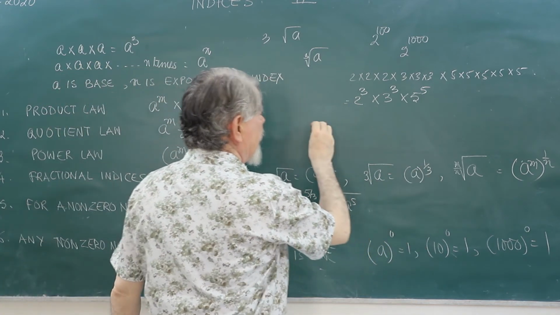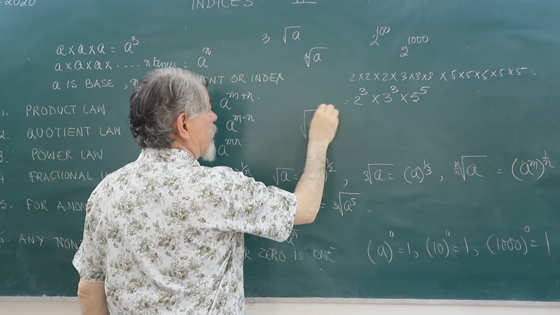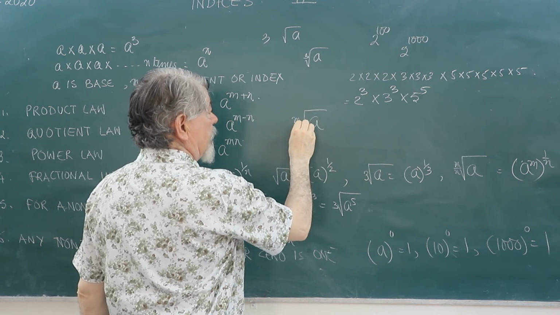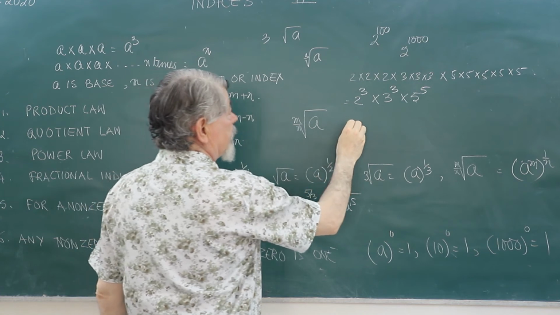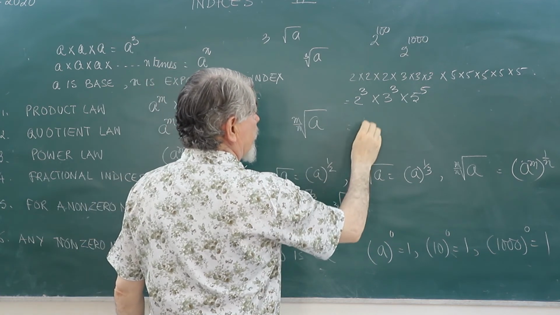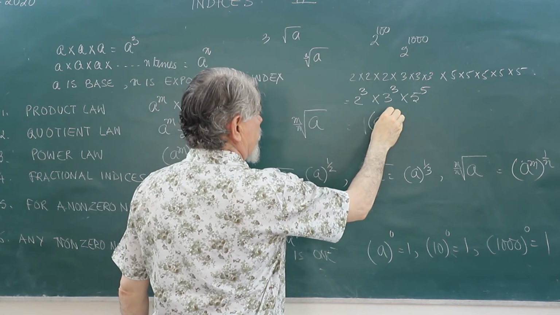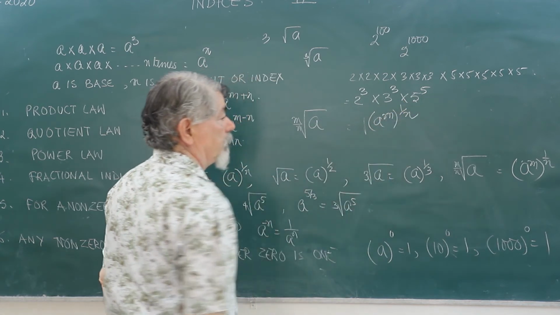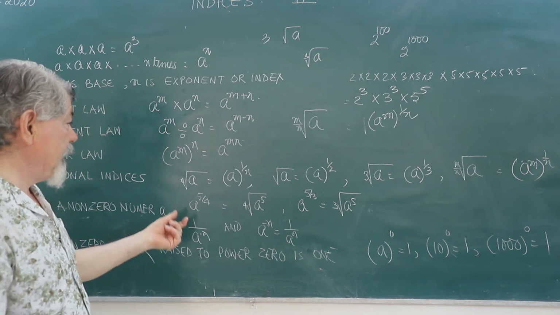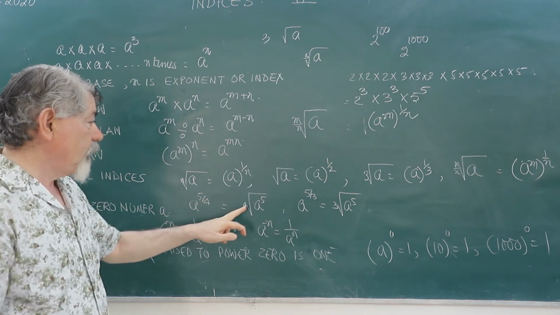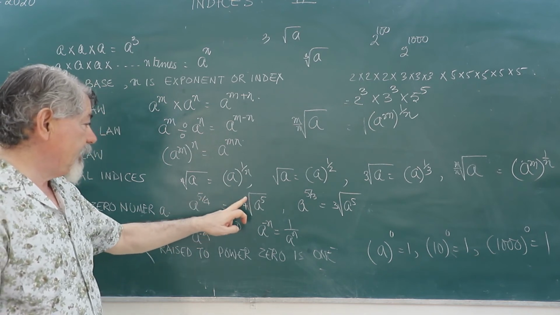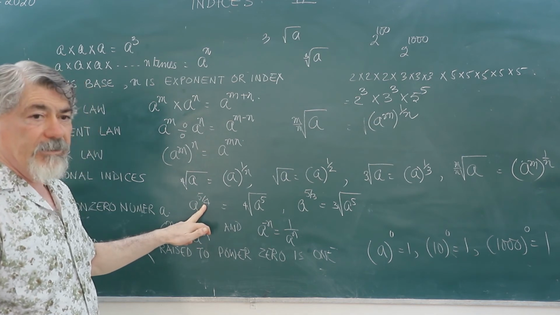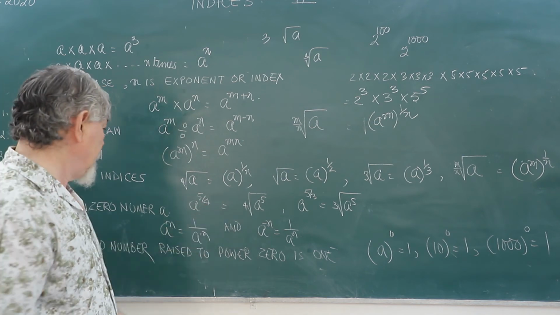If it is written m, n, what does it mean? It means a to the power m, whole to the power 1 upon n. Similarly, a to the power 5 upon 4 means a to the power 5 and under root, whatever is in the denominator comes outside.